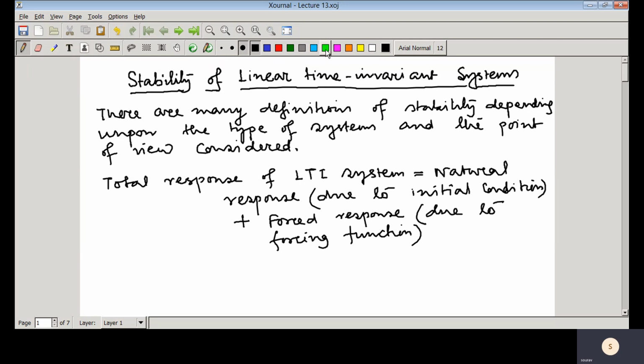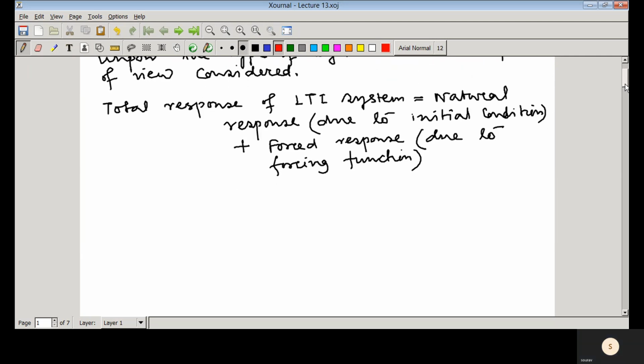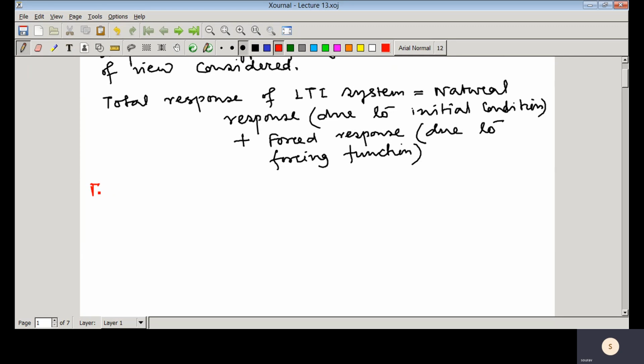So let us first discuss the natural response point of view. That means the response only for the initial condition. In that case, we assume that the external force applied to that system equals 0.